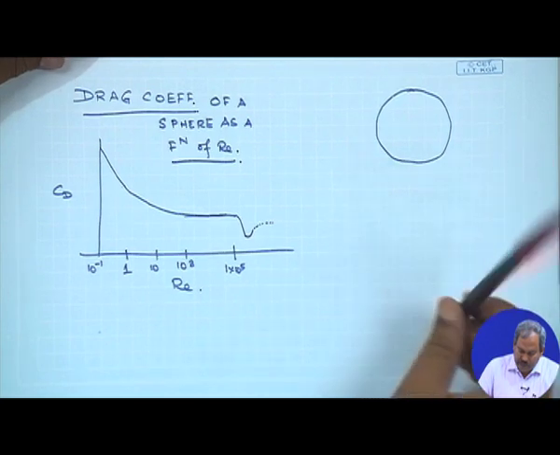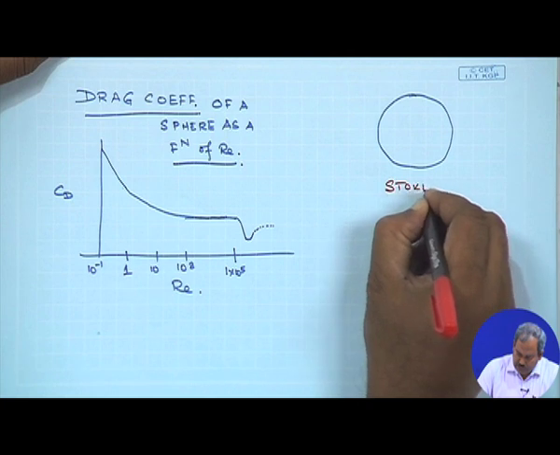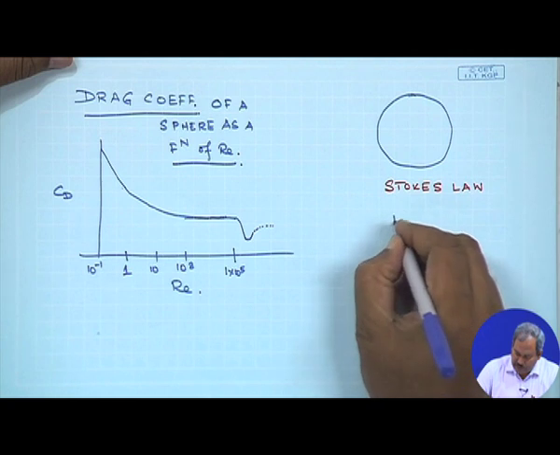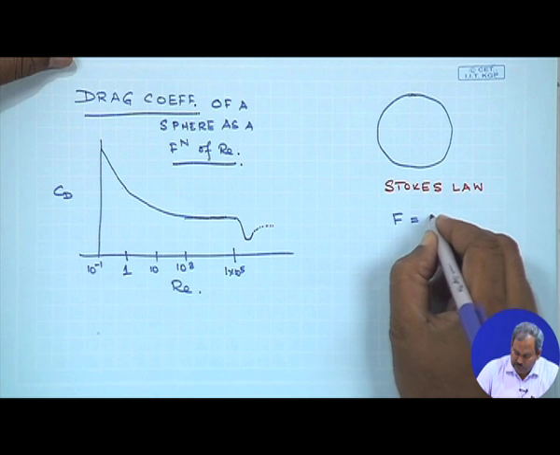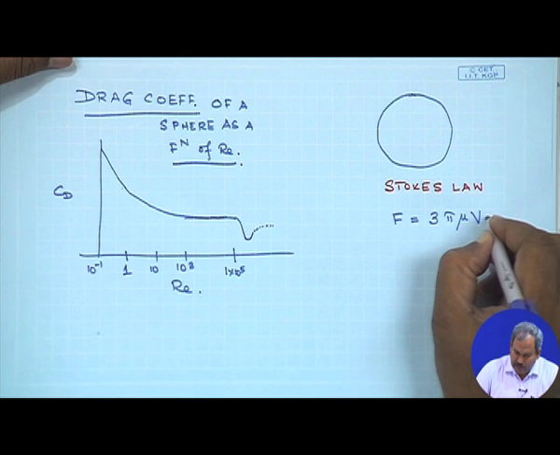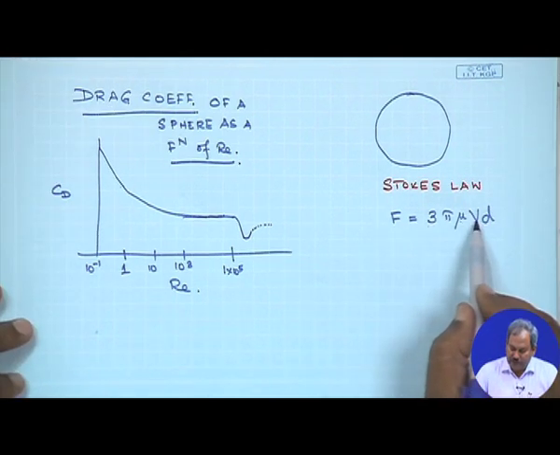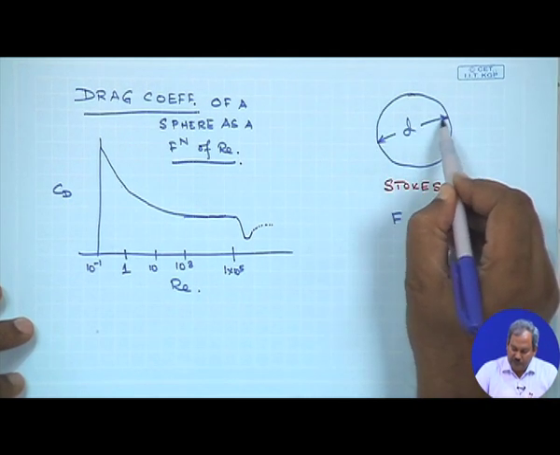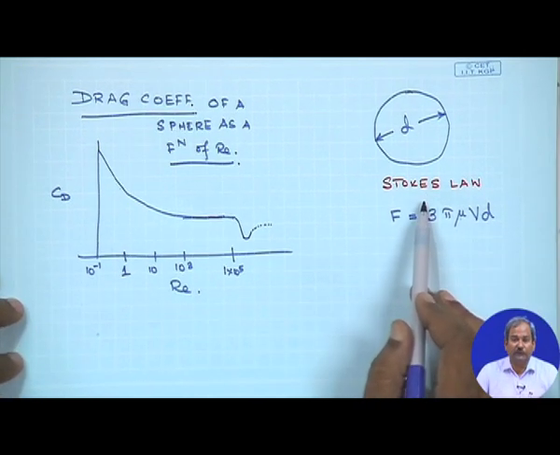So we understand that the Stokes law gives the force experienced by a spherical particle when a fluid starts to move over it, and the well known Stokes law is given as F equals 3 pi mu V d, where mu is the viscosity, V the velocity, and d is the diameter of the sphere. So this is the Stokes law, which is truly valid for very slow flow.